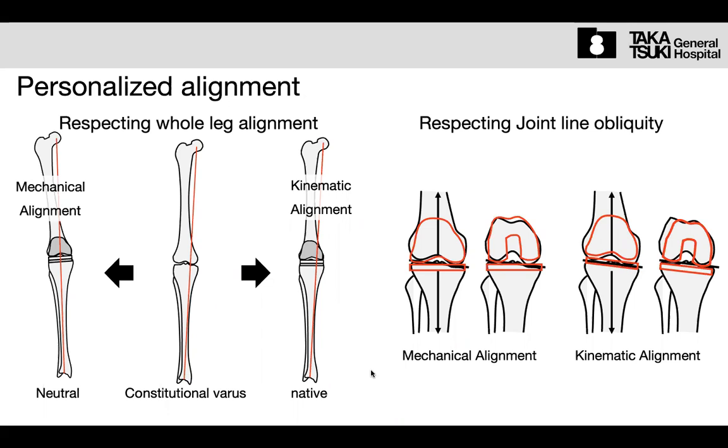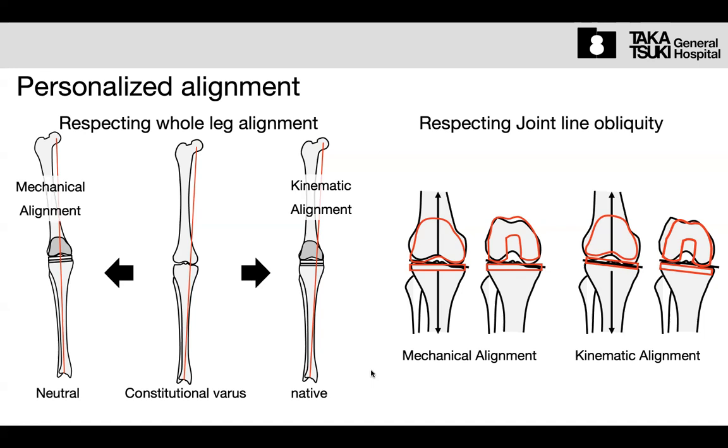the ideal alignment. On the contrary, kinematic alignment, or more comprehensively personalized alignment, respects the patient's native alignment. The alignment includes the leg alignment and component alignment, and respects the joint line obliquity.